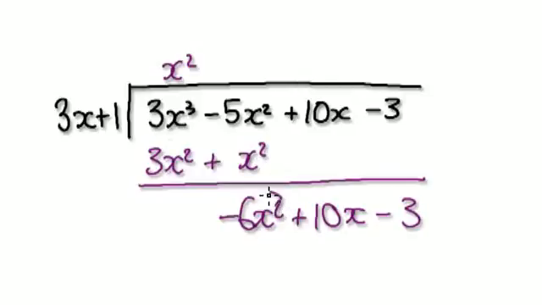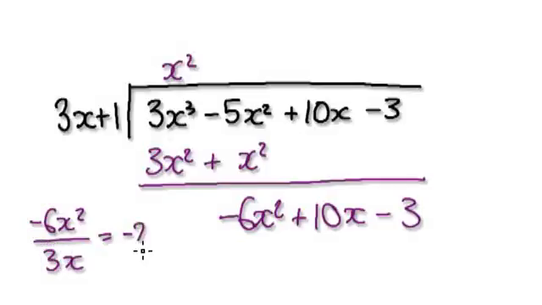And now we would look at this divided by this without going over. So negative 6x squared divided by 3x here. This divided by this would be negative 2x.